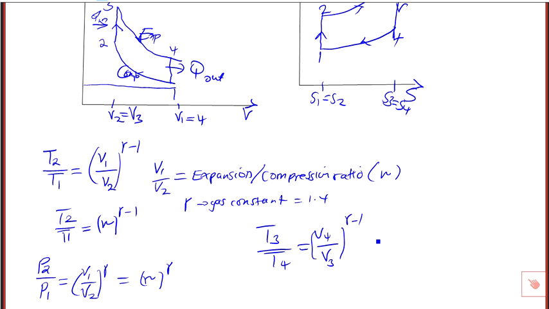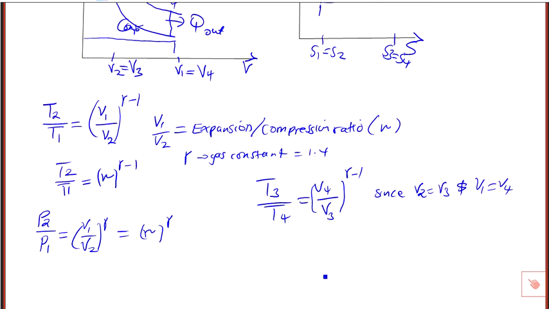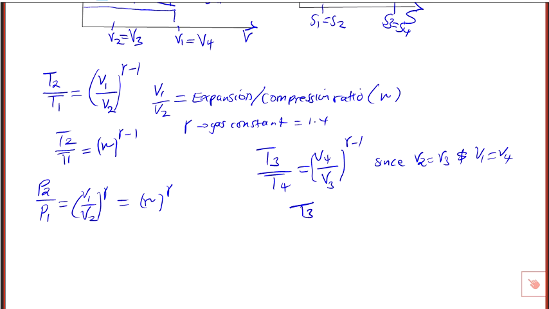And since V2 is equal to V3 and V1 equals V4 as shown here, the T3 over T4 can also be written as r to the power gamma minus 1.